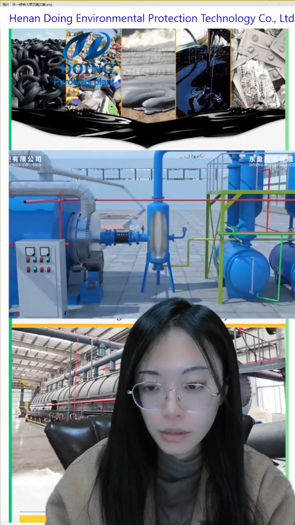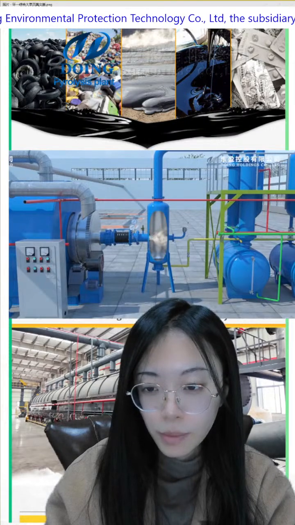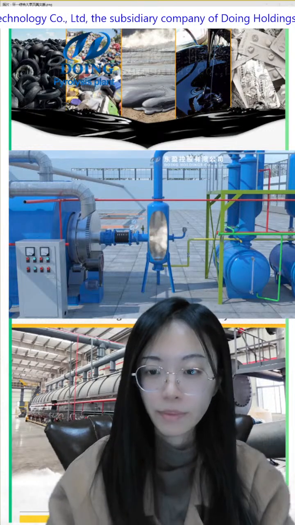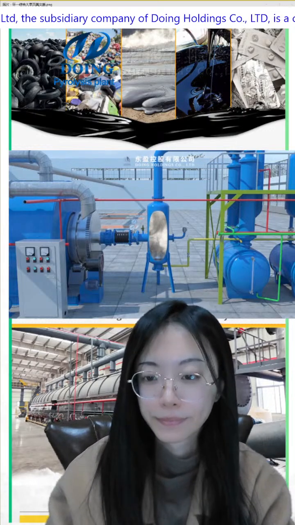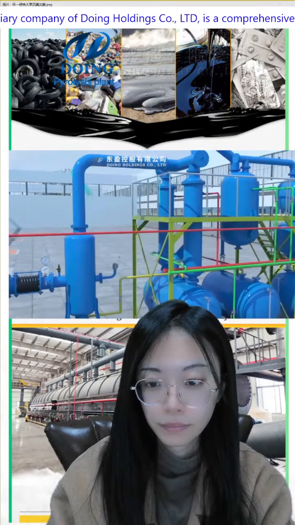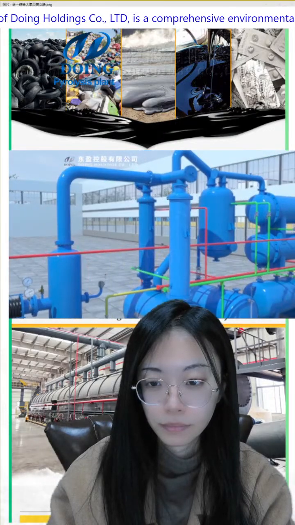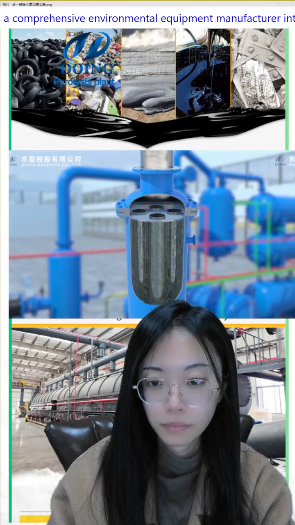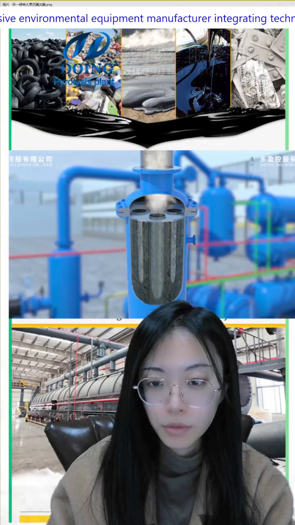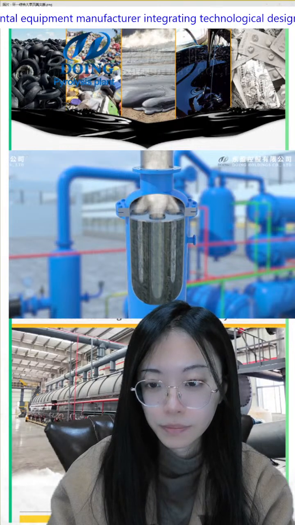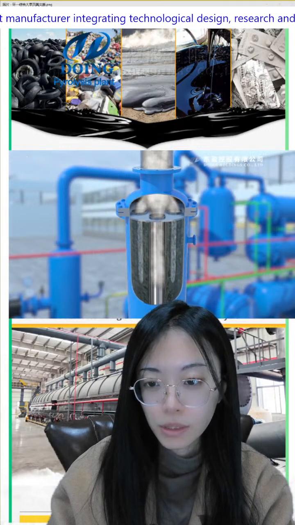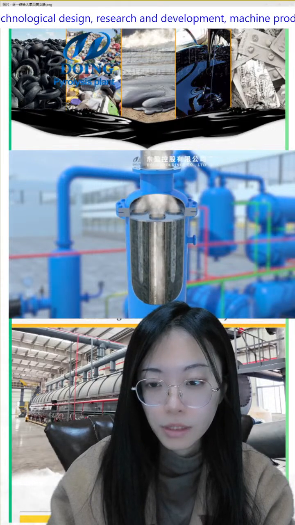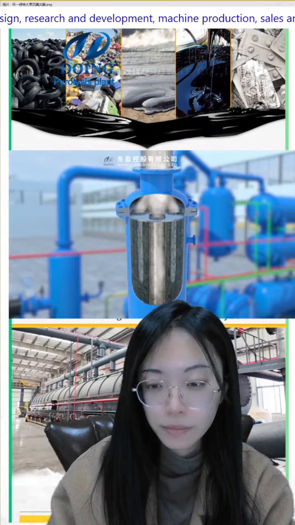And then the gas goes into the buffer tank from the outlet to slow down its speed and to discharge the carbon black. Then it will come to the condensation system to condense into fuel oil through contact with the cooling water.